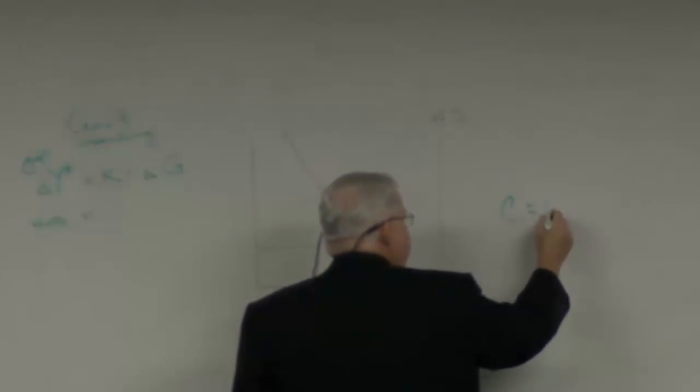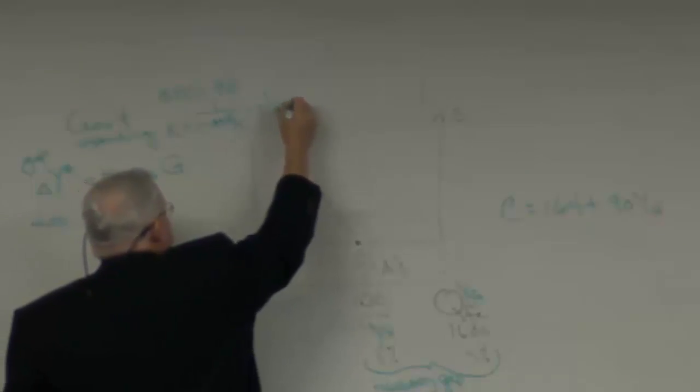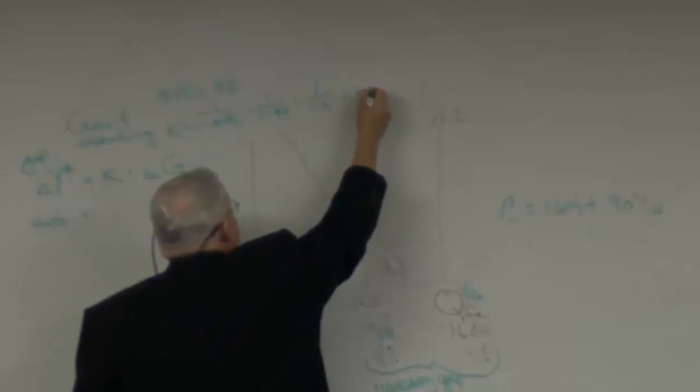So if we were also told in this model, the consumption function is 164 plus 0.90 YD, what is the MPC? 0.90, the coefficient in front of Y. So if we know the MPC is 0.90, how do we calculate the multiplier? 1 over 1 minus the MPC, which is 1 over 1 minus 0.90, which is 1 over 0.10, which is 10.